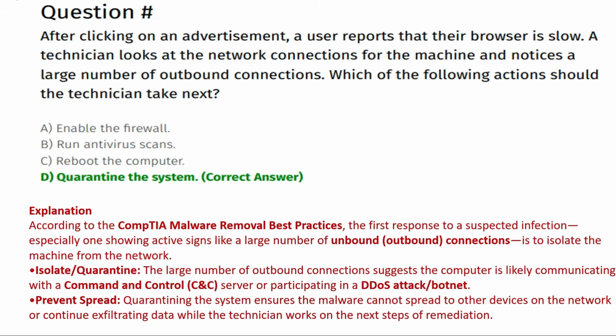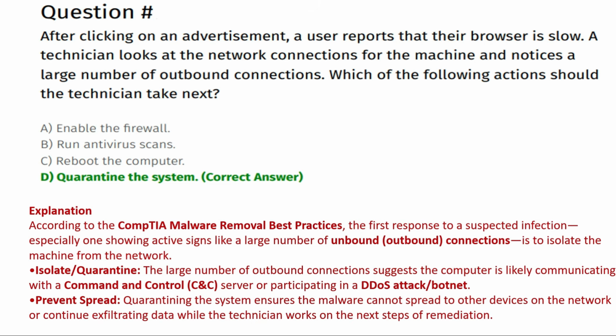So let's check the explanation. According to the CompTIA malware removal best practices, the first response to a suspected infection, especially one showing active signs like a large number of outbound connections, is to isolate the machine from the network. Isolate, quarantine.